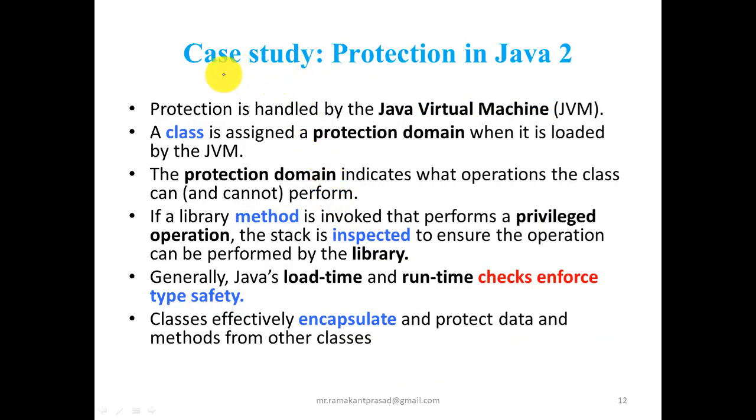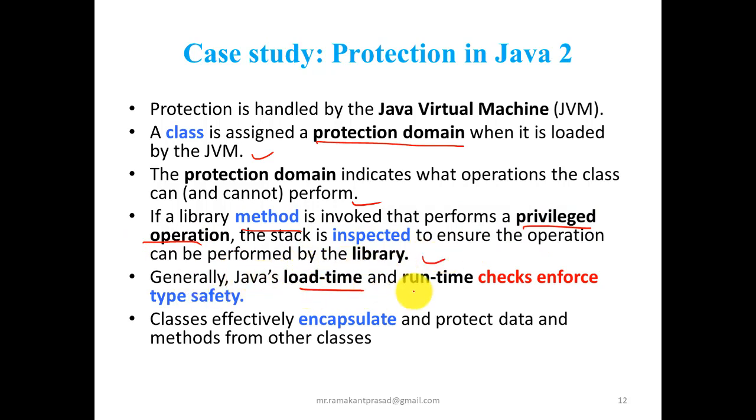In the next slide we are going to see the case study of protection in Java 2. In Java 2 the protection mechanism is handled by the JVM, the Java Virtual Machine, and the class is assigned to a protection domain and loaded by the JVM. The protection domain indicates what operations the class can or cannot perform. If a library method that performs a privileged operation is invoked, the stack is inspected to ensure the operation can be performed by the library.